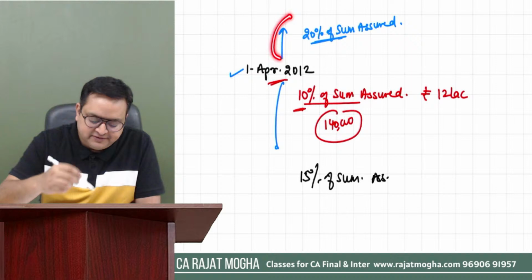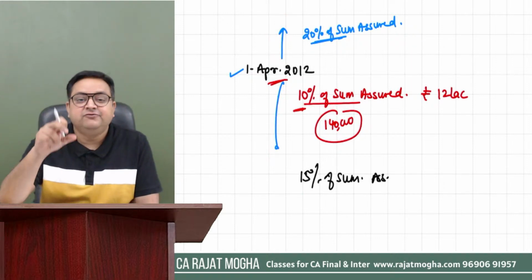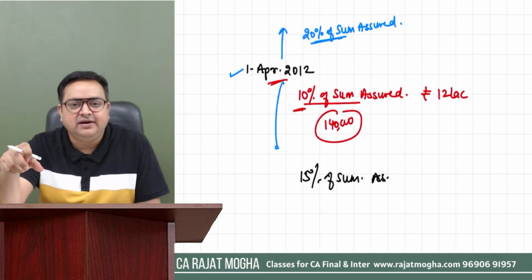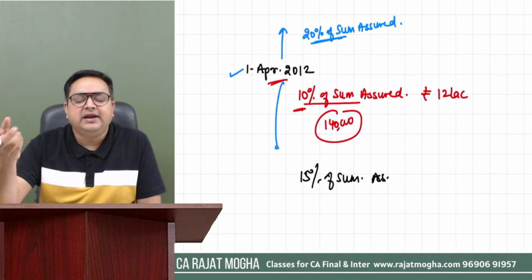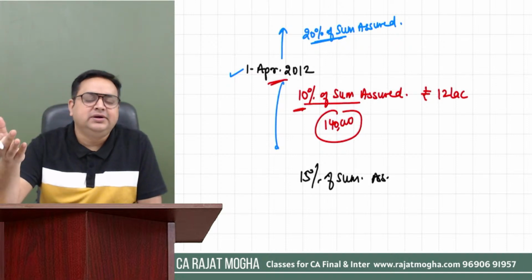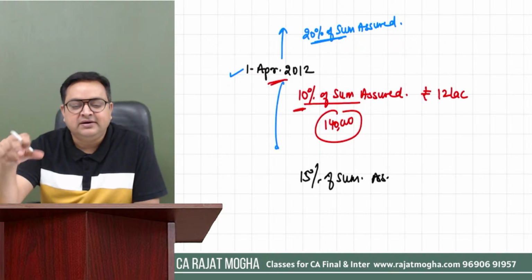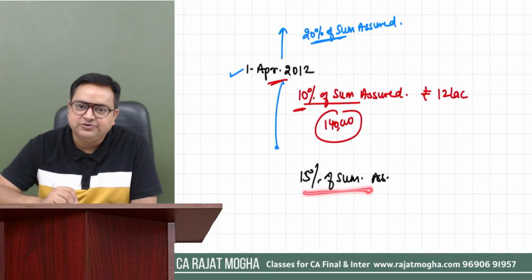If it is before, 20%; if it is after, 10%. But if the person for whom the policy is taken, let's say the assessee is paying LIC for their daughter, and the daughter is disabled, then that assessee can claim 15% of sum assured.